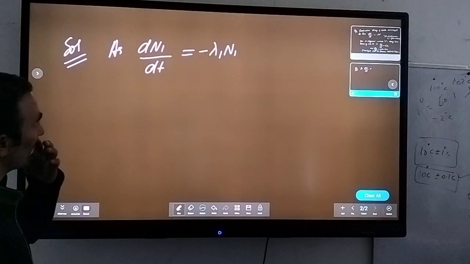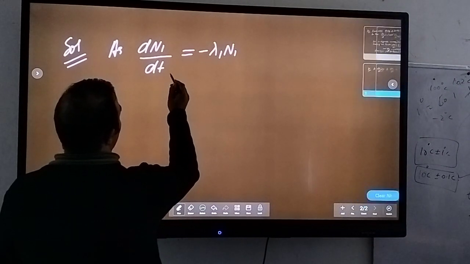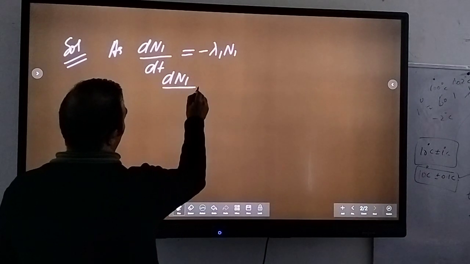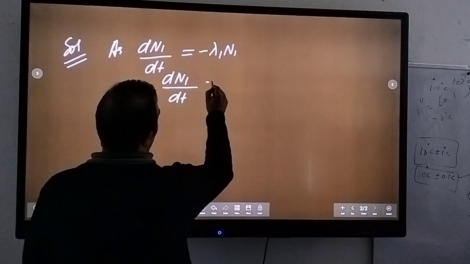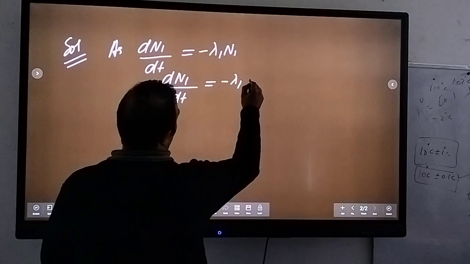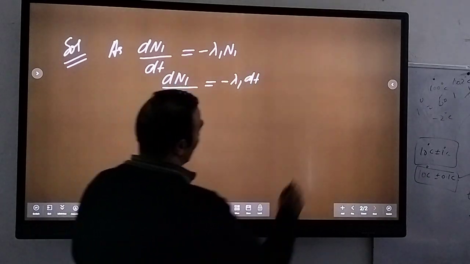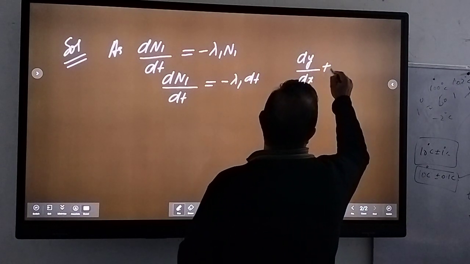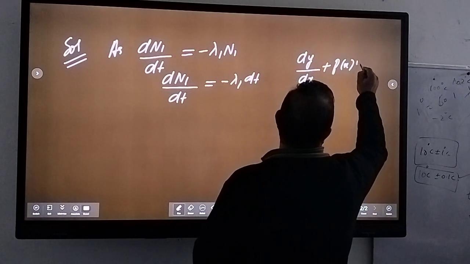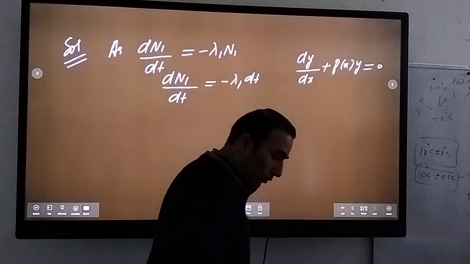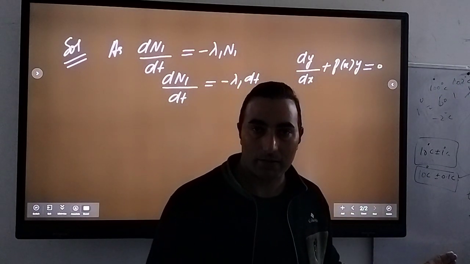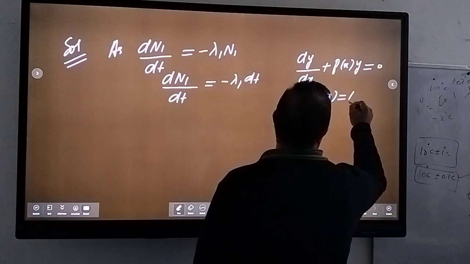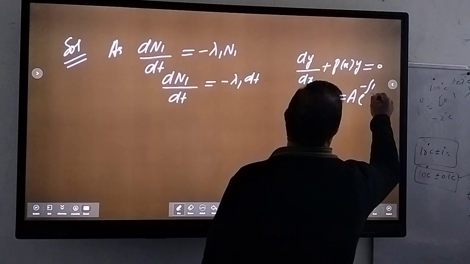Or you can rewrite this as dN1 by dt, because this is basically dy by dx plus p of x times y, that's equal to 0. So this is our homogeneous first order differential equation, and its solution will be y equal to some A e power minus integral of p of x.